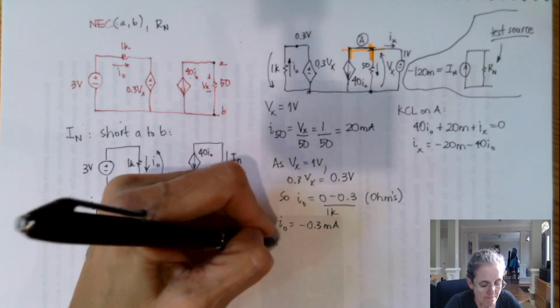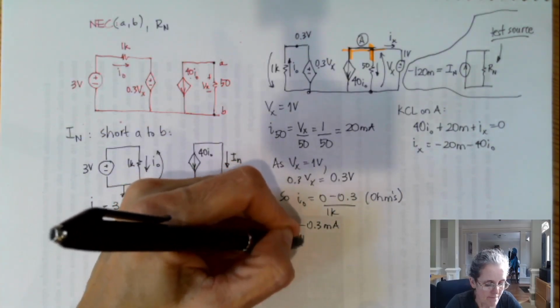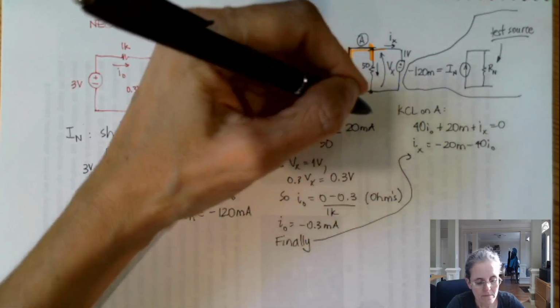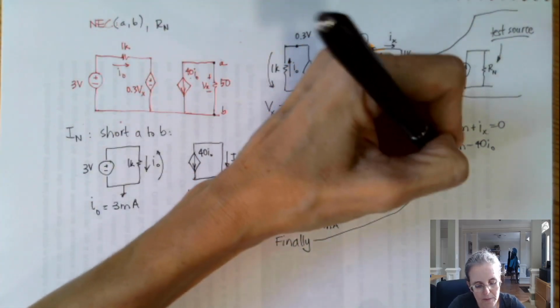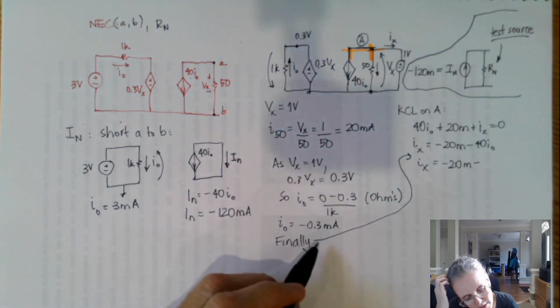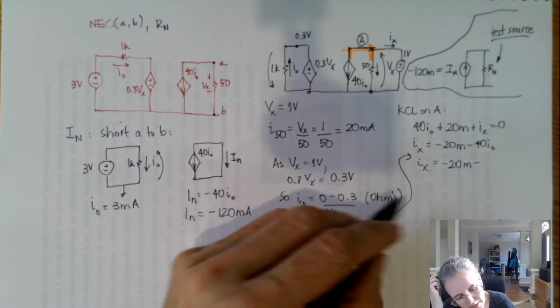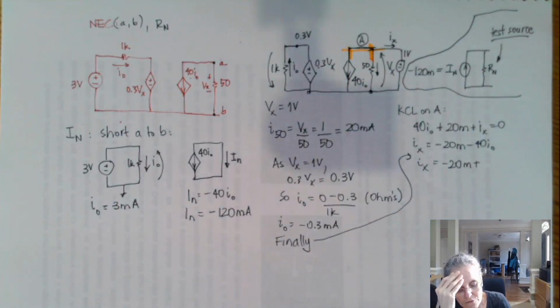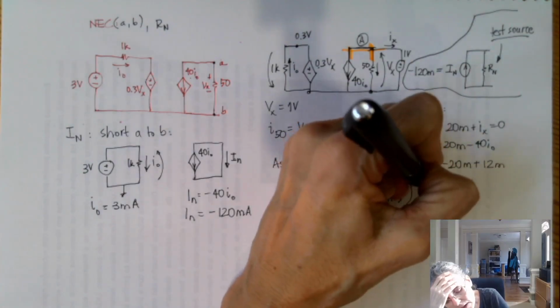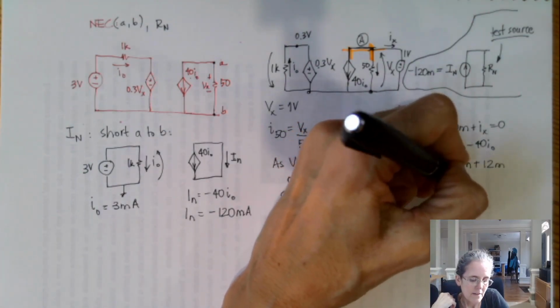Finally, Ix will be minus 20 milli minus 40 times 0.3. Minus is plus. 4 times 3 is 12. Ix is minus 8 milliamps.